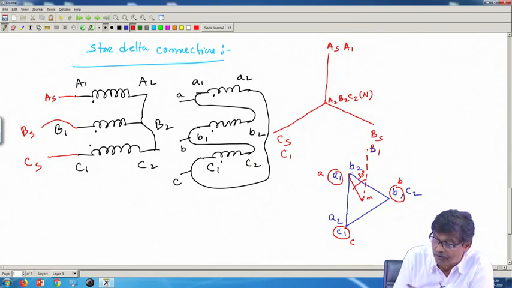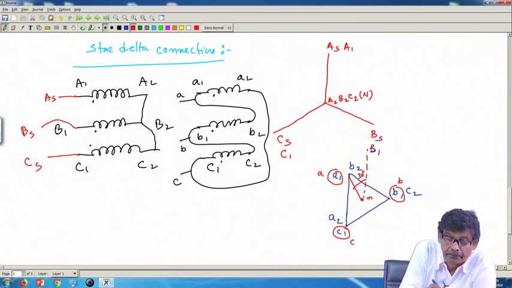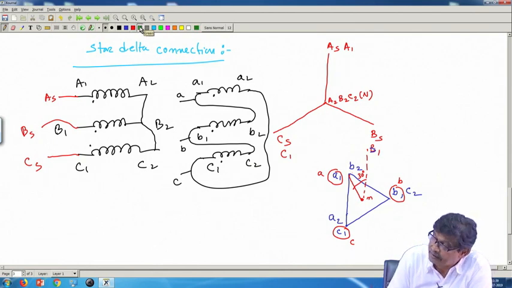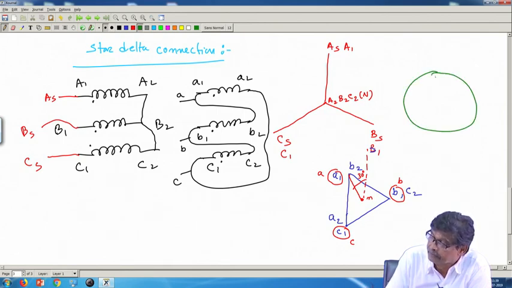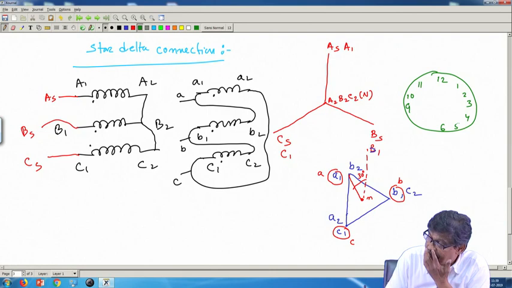So, in terms of the clock it will become this: 12, 6, 3, 9, 10, 11, etc., 1, 2, 4, 5, 7, 8. Okay.